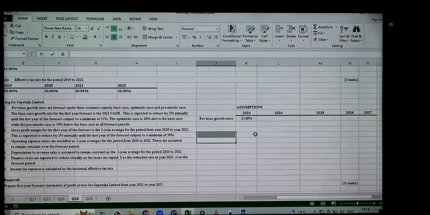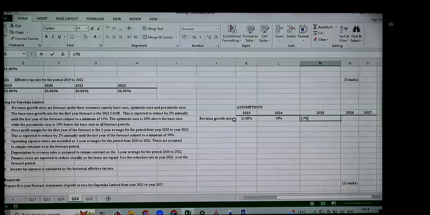So let's do how it is. They're saying that it will reduce 2% annually until the last year of the forecast, subject to a minimum of 15%. So it won't go below 15%, isn't it? So here, minus 2, it will be 19%. Then there it will be 17%.